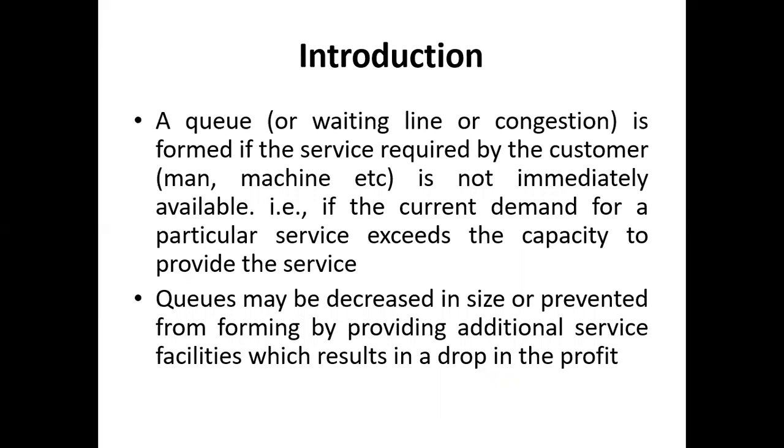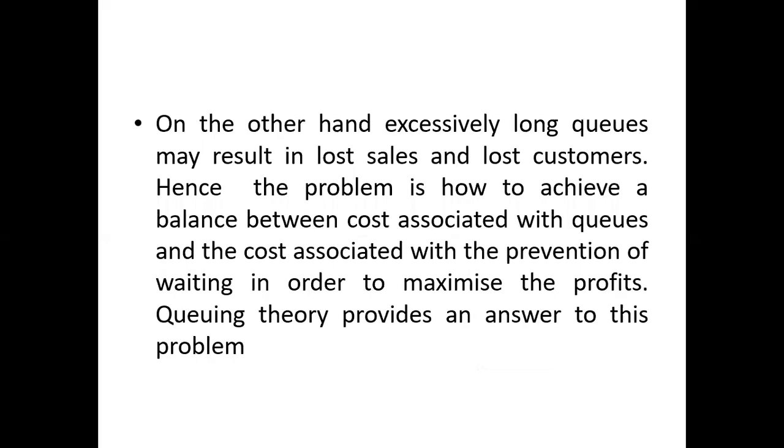The queue's size may either be decreased or entirely prevented by providing additional services. This additional service may result in a drop in the profit, whether we consider it from the customer's or the provider's side. On the other hand, excessively long queues may result in the loss of sales or the loss of customers.